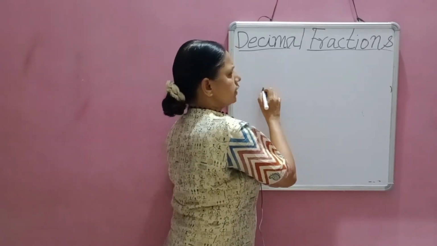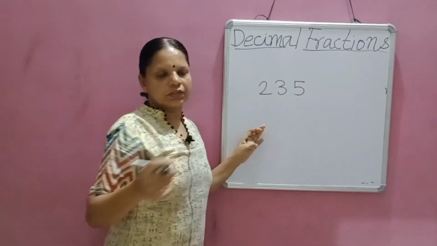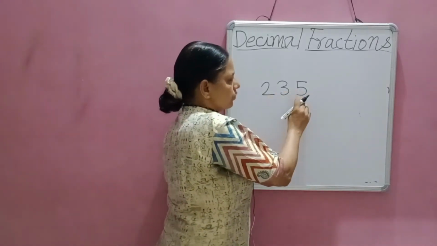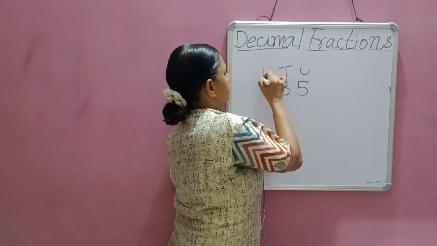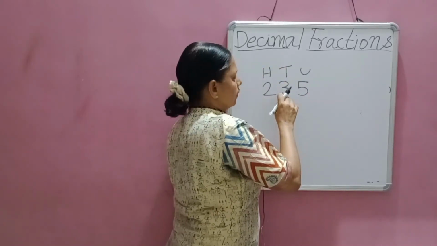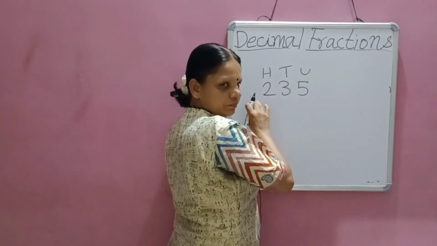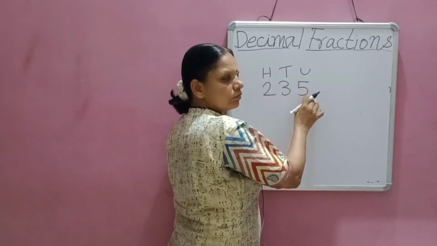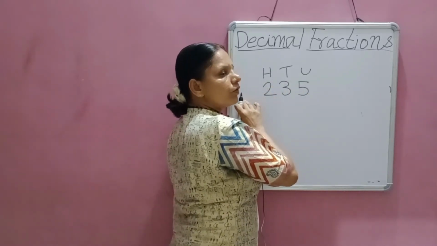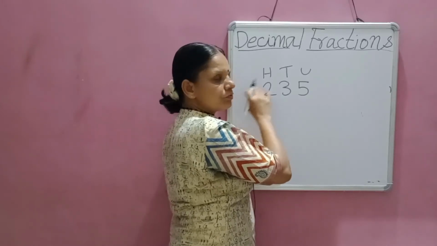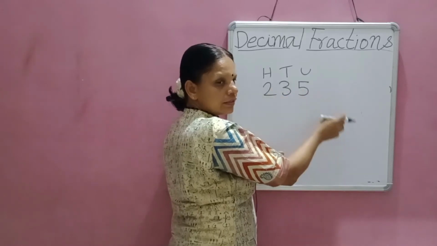For example, if you write any number, 235, this is the units place, tens place, hundreds place. The place value increases by 10 times when you go from right to left. When you go from left to right, the place value decreases 10 times.